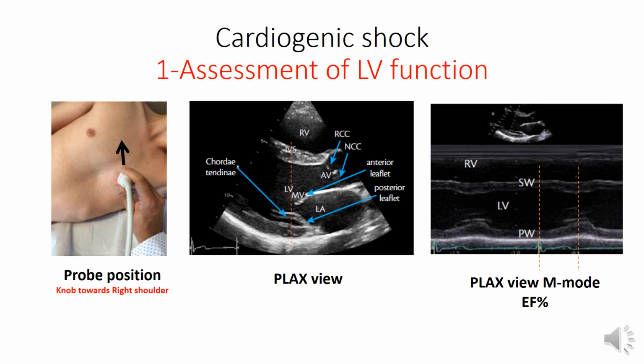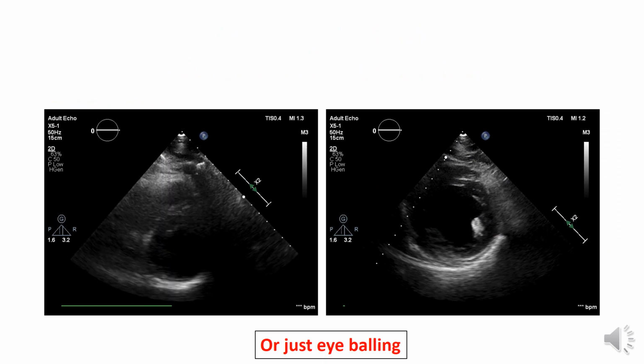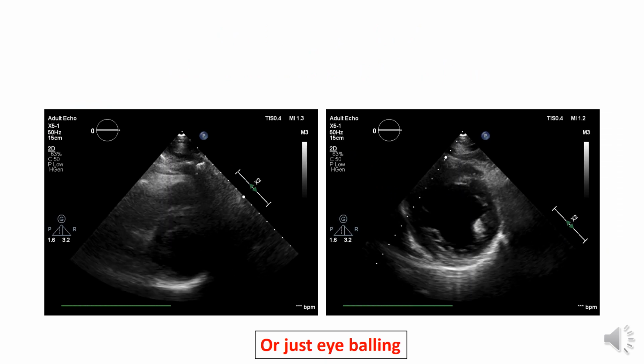Just measure the diameter at the end diastole and end systole, and you will automatically get the patient's ejection fraction. Or you even don't need this in the scenario of cardiogenic shock.